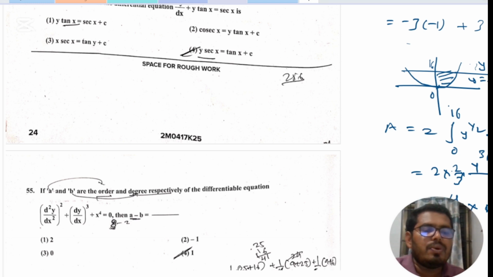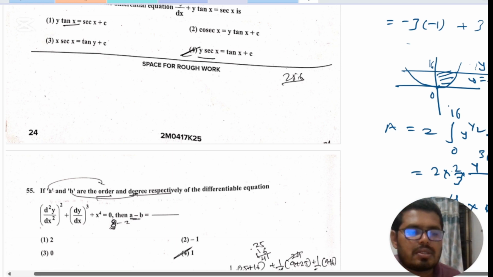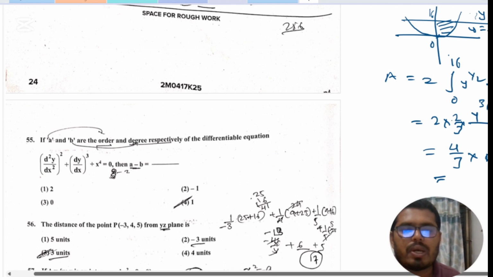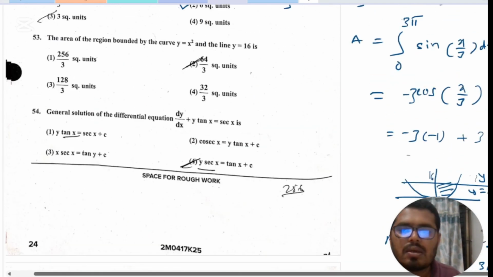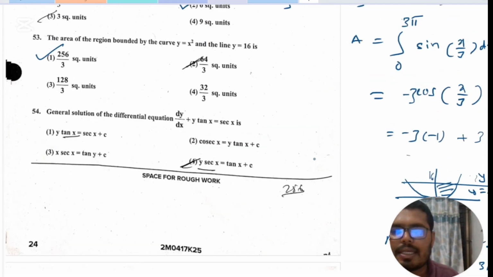So the answer is 4 by 3 into 64, which is 256 by 3. Therefore, first option is correct.